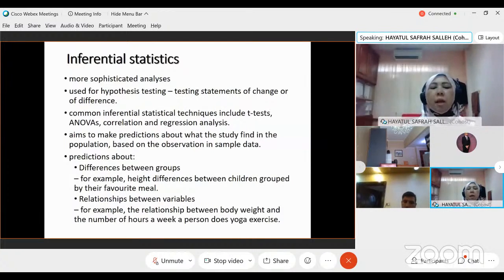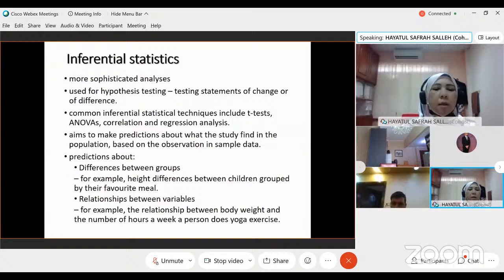Maybe there is a correlation there. There is a difference between a group of children that eat healthy food and a group of children that eat whatever they want. You can predict that using your findings from your studies.